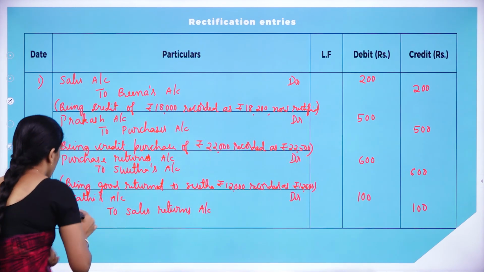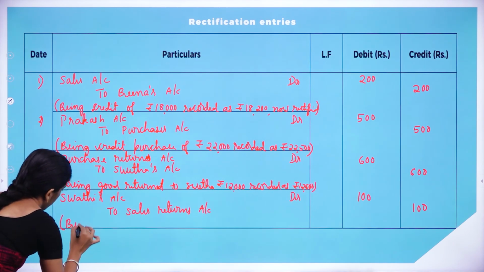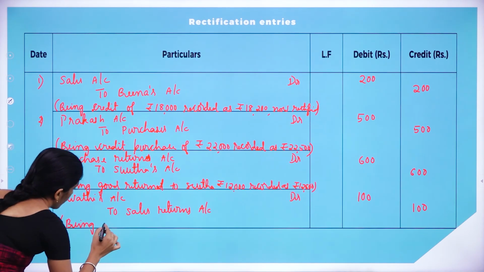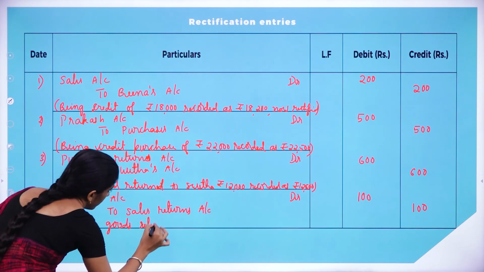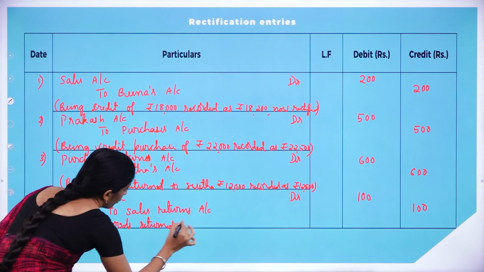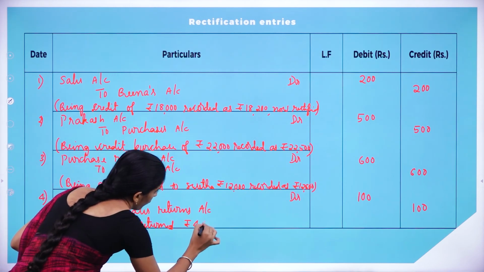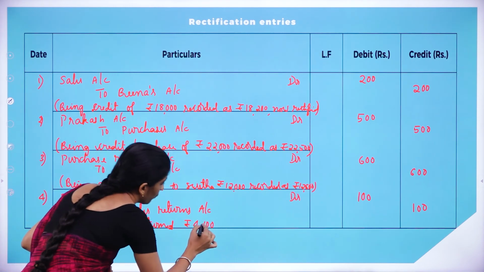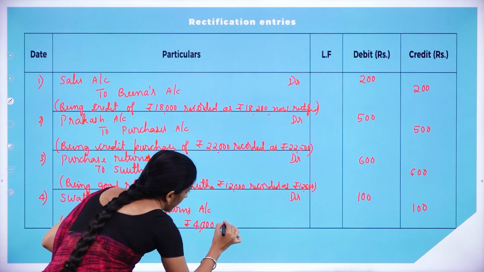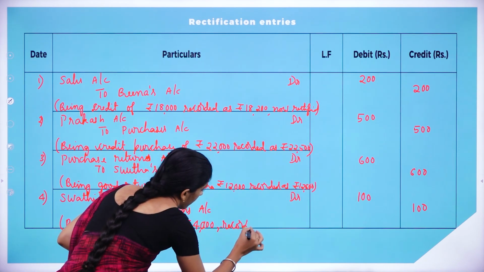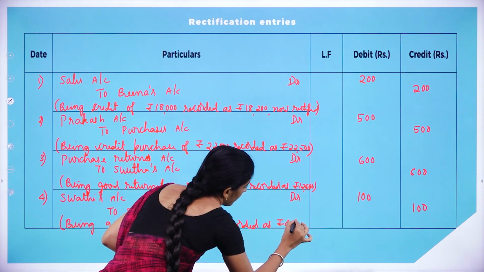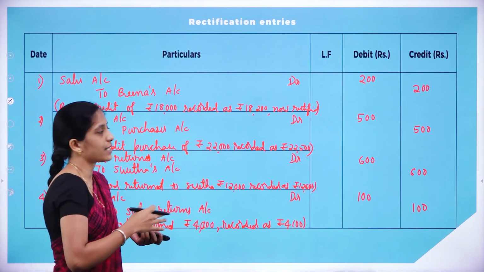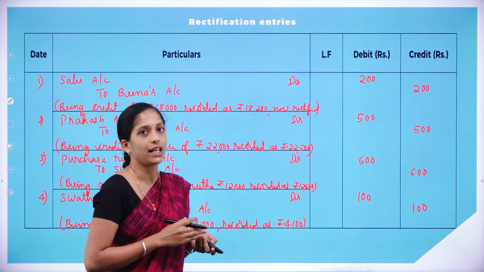Now write the narration. Being goods returned, rupees 4,000 recorded as rupees 4,100, now rectified. So this is the journal or a rectifying entry.